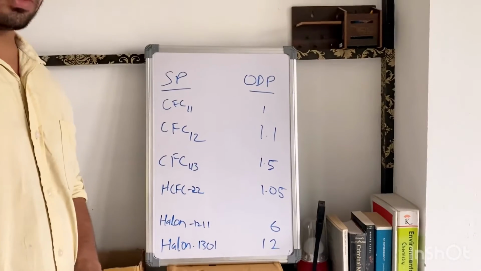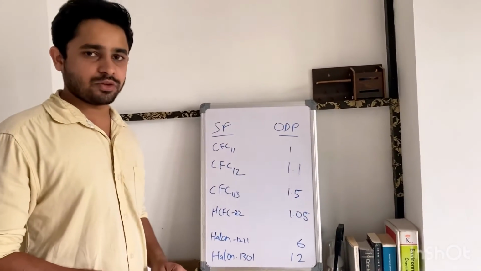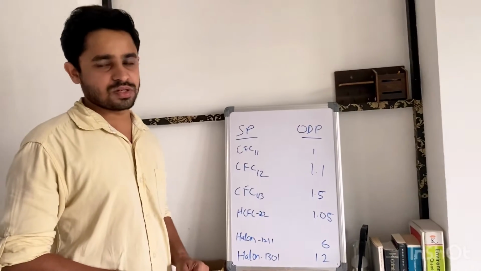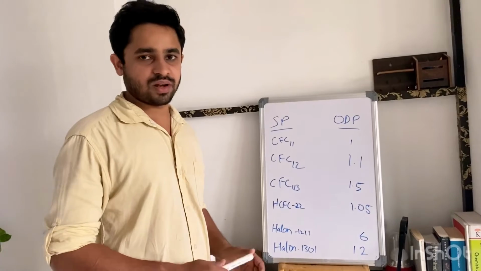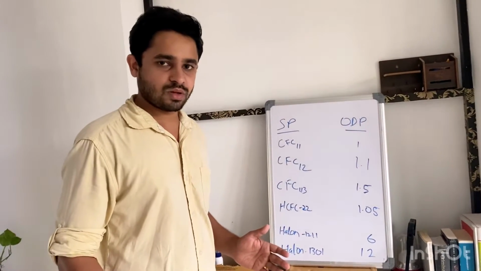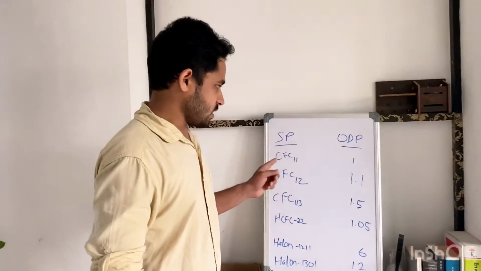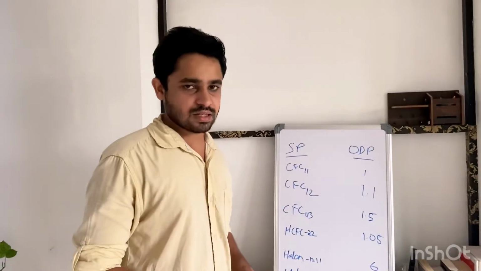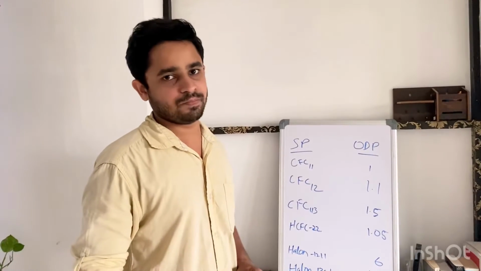And halons. What are halons? Halons are gases that are used as fire extinguishers and flame retardants and for a variety of other similar purposes. Among the ozone depleting gases, halons have the highest ozone depletion potential.